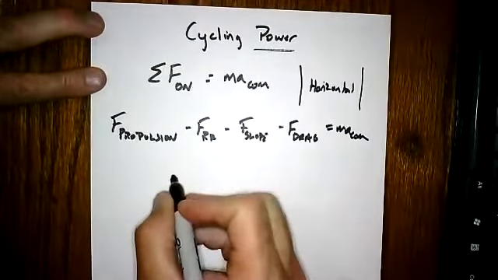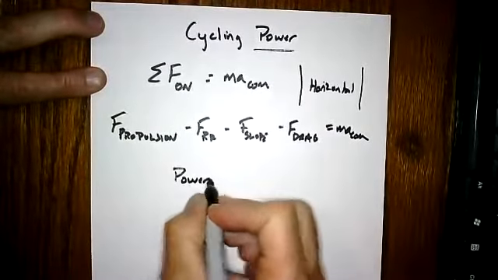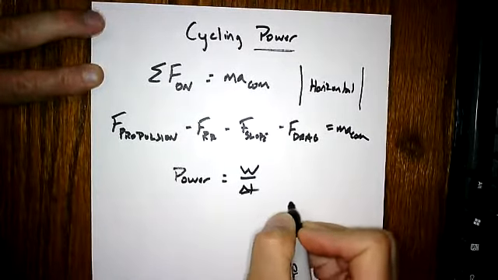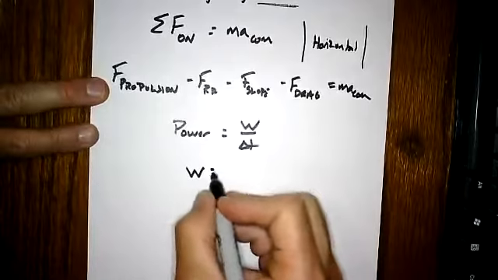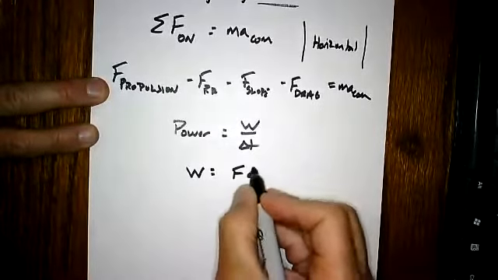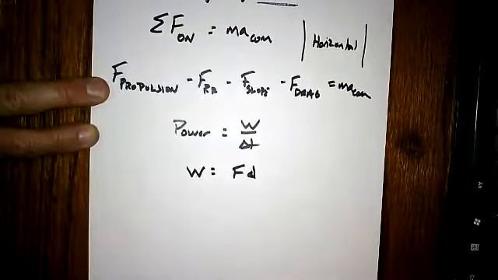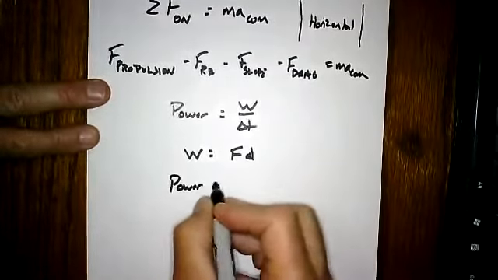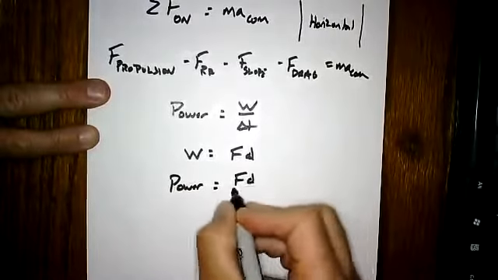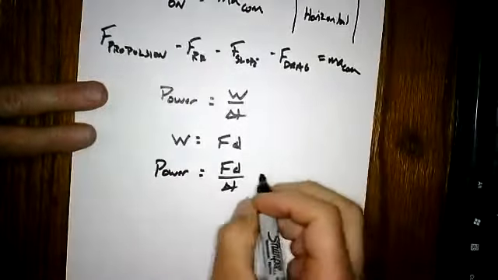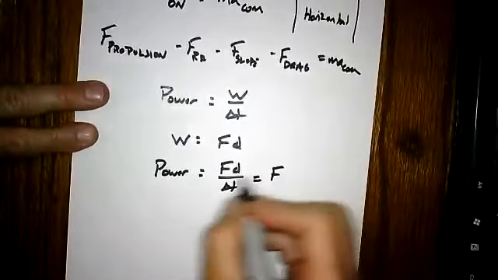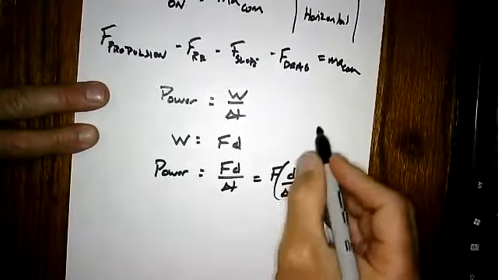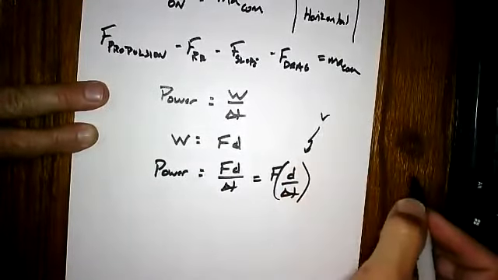Well, remember, power, let me write it out here now, equals work over time. And remember, work is application of a force over some distance. So if I put F times D in the power equation, maybe you can see F and D over delta T, this right here is velocity.